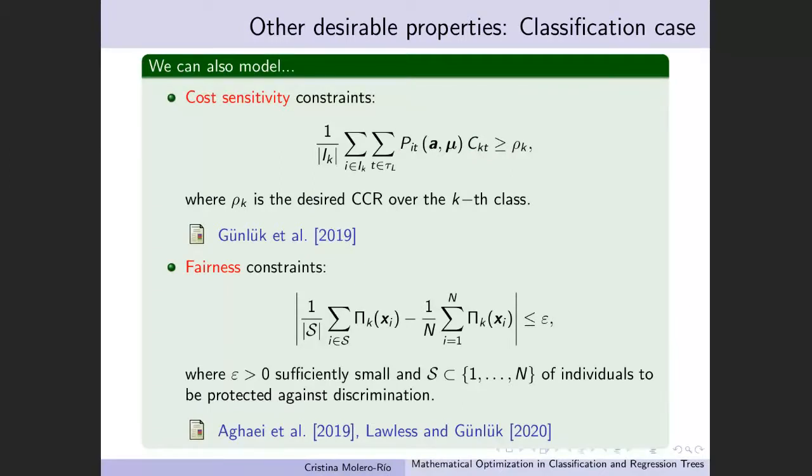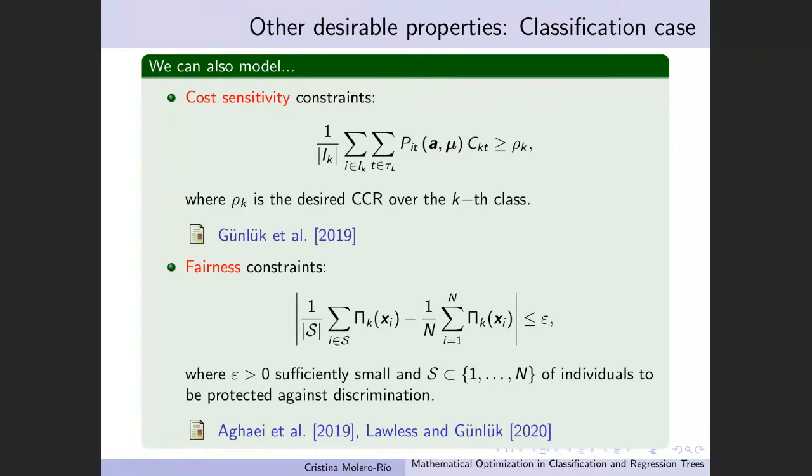For cost sensitivity, well, at times there are groups of individuals in which predictions error are more critical. For example, in medical diagnosis with healthy and unhealthy people, it is more critical to say to an unhealthy patient that it is healthy, okay, because the risk will be higher.